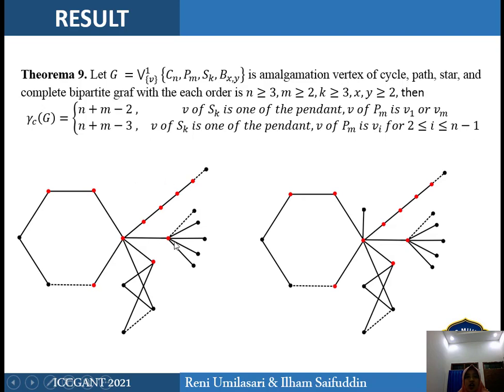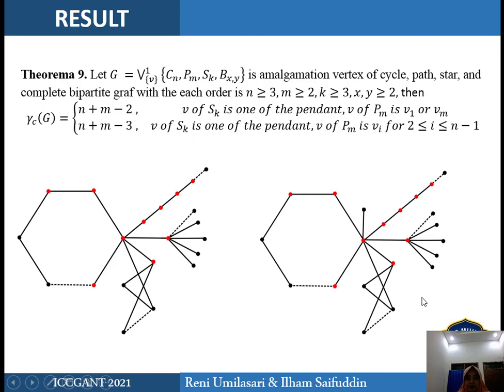So here I give the illustration of the figure of Cn, Pm, Sk, and Bx,y if we do the vertex amalgamation to these graphs. This is the cycle, and then this is the path, this is the star graph, and this is the complete bipartite, and then this vertex is v, the vertex amalgamation.